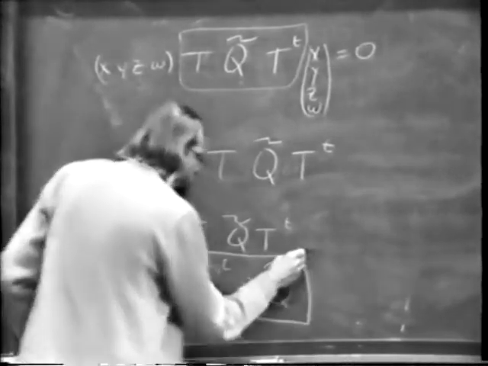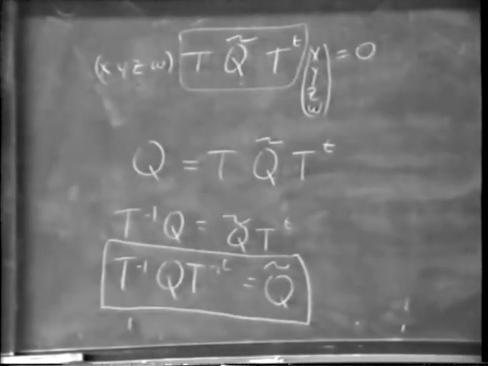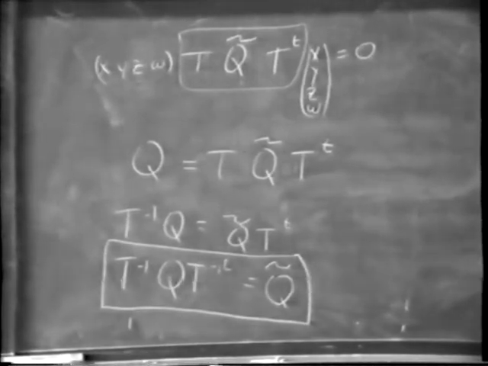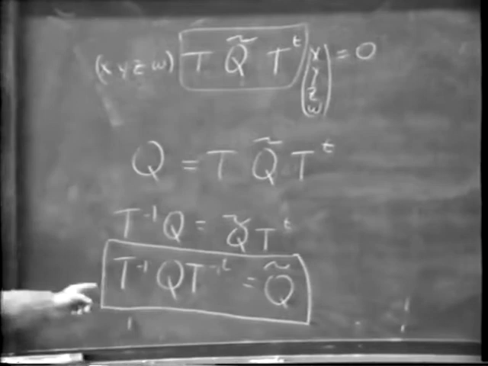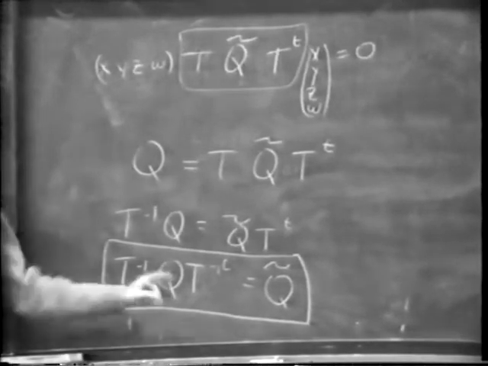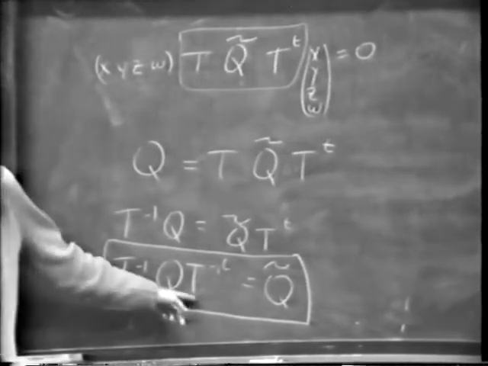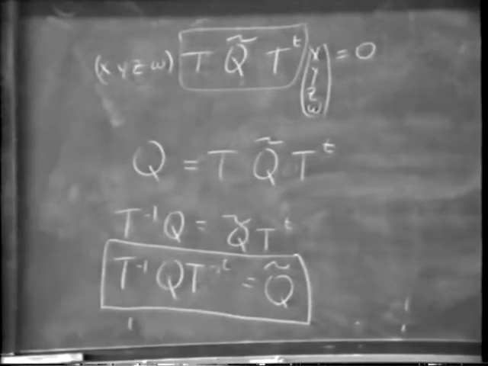And here's the punchline. Somebody hands you a matrix Q, which represents some second-order surface, and they hand you a transformation matrix, T, which transforms points. In order to find the transformed quadric surface, Q tilde, you pre-multiply by the inverse of the transformation, and then post-multiply by the transpose of the inverse of the transformation, and this gives you the final Q tilde.